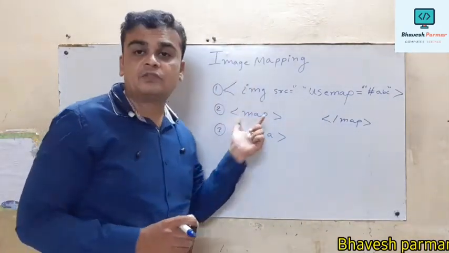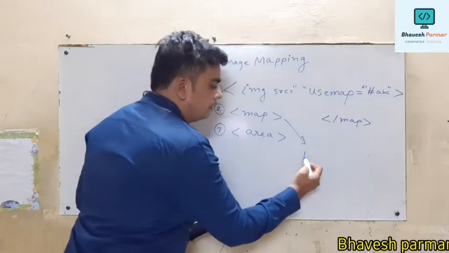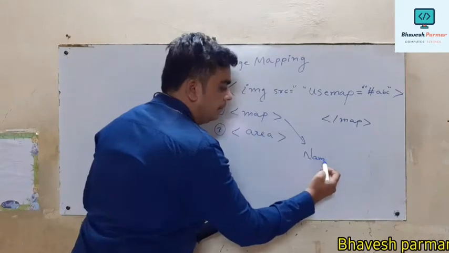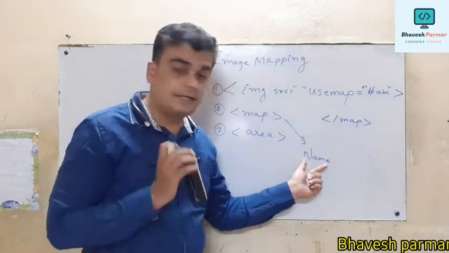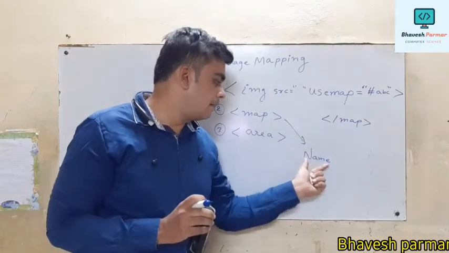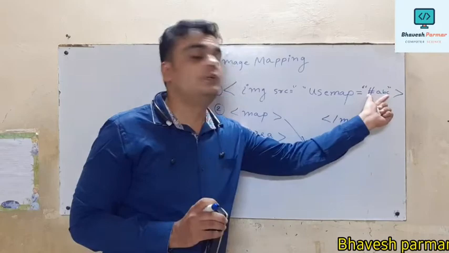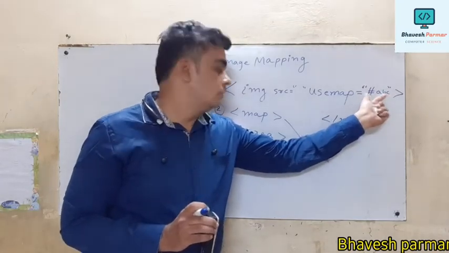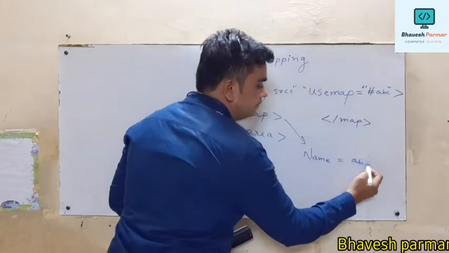The map tag has only one attribute, and the name of that attribute is name. This name attribute is very essential and very important, because this map name attribute links to the usemap label. So name is equal to, we have to write here abc.